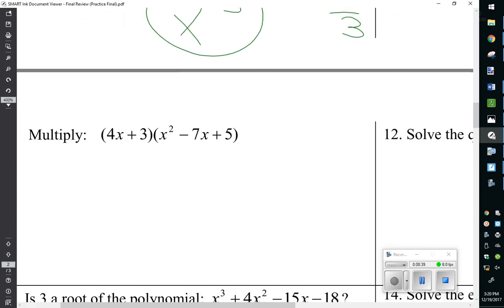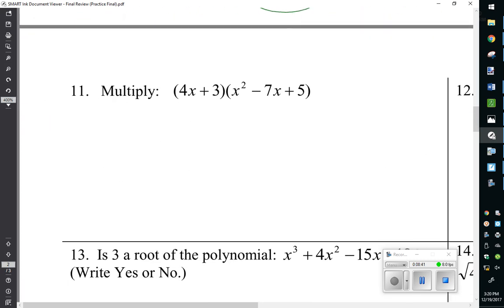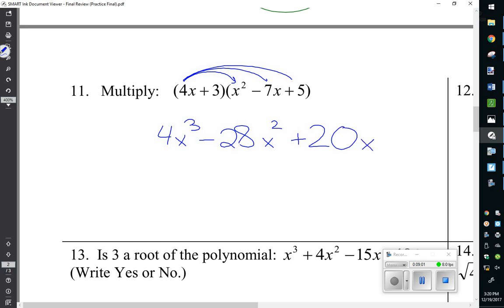Halfway done. Number 11, we're multiplying. Nothing fancy here, just doing a lot of distributing. So that's going to get me 4x cubed minus 28. Sorry, can't add. 4 times negative 7 is negative 28. X squared. And then 4x times 5 would be 20x. Great, I multiplied 4x times everything. Now I'm going to distribute the 3 to everything.